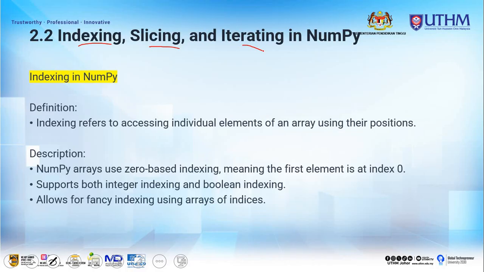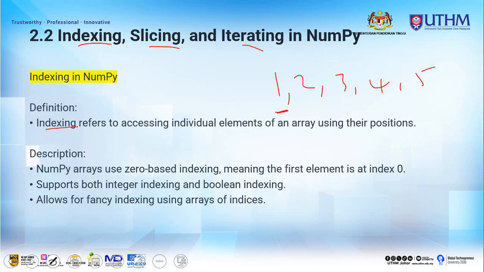And remember, the index is actually to identify the position. For example, you have 1, 2, 3, 4, 5, and 6. Let's just imagine the first position. In this first position, the value is 1. So the position is called the index.